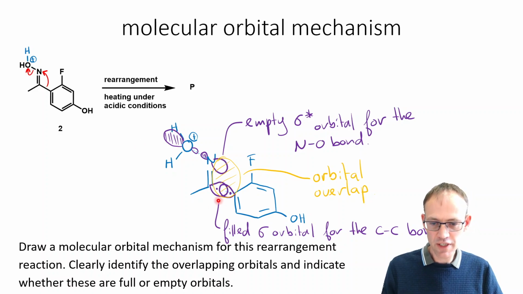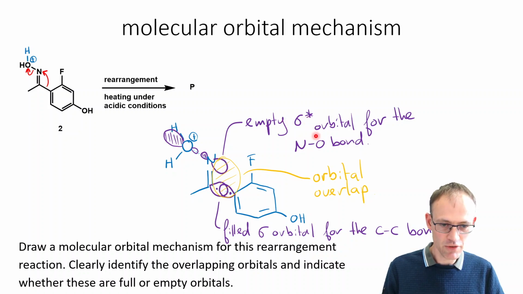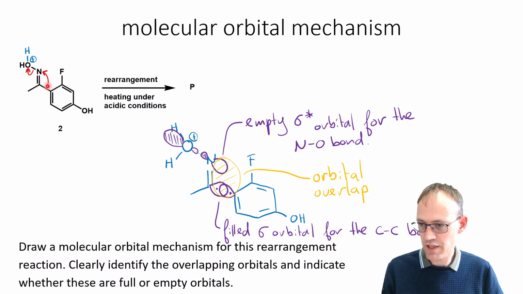You can now also see how we know that it is this carbon-carbon bond that is going to move in the rearrangement, because the sigma star anti-bonding orbital over here has its maximum density in this region over here. So the overlap is a lot better with this carbon-carbon bond than with this carbon-carbon bond. So that's why the curly arrow starts here on the electrons, moves to the nitrogen, and it doesn't start on this side.